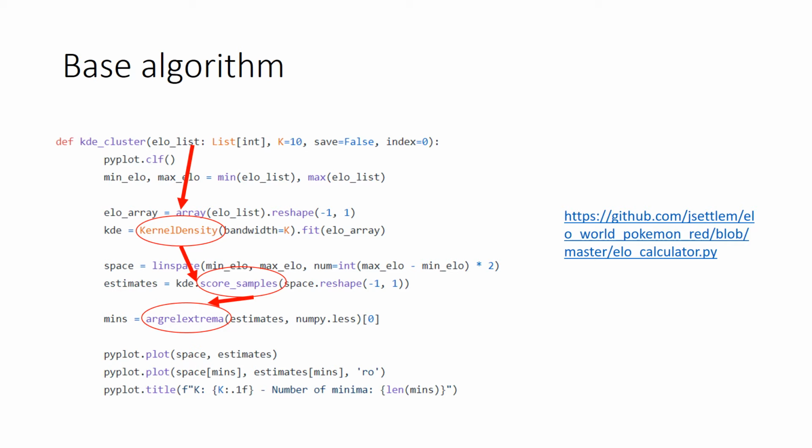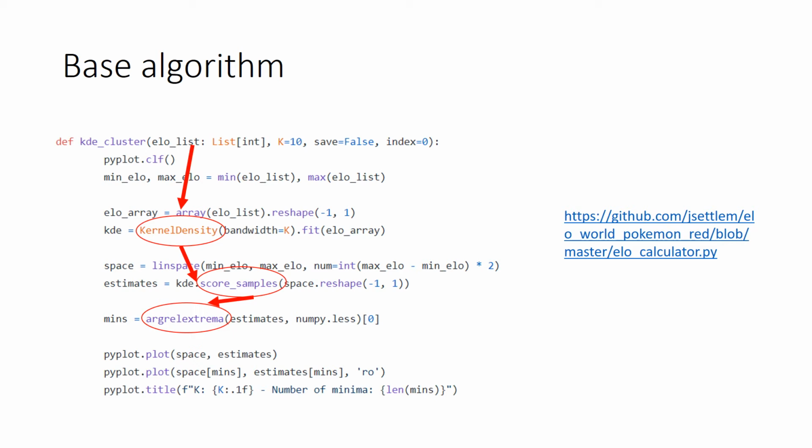So the author used a list called elo_list. Then he puts it into a CP object called Kernel-Density, and adds a bandwidth k that is an argument, and by default 10. In his problem, he didn't have to change k, so he didn't even care.